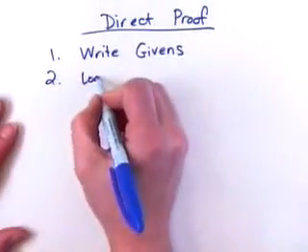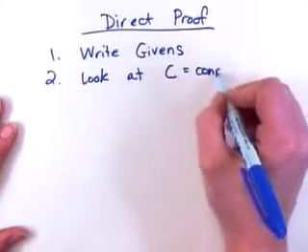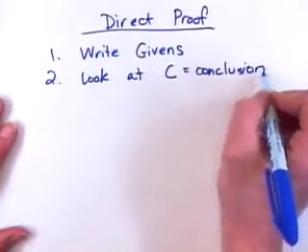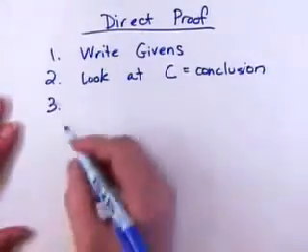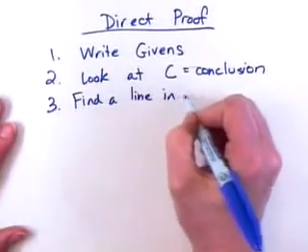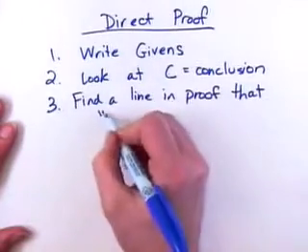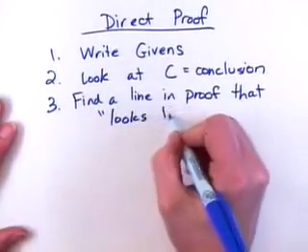Then I look at what I'm trying to prove. I'll just say that's my conclusion C. Then I find a line in the proof that looks like what you're trying to prove. Looks like C.